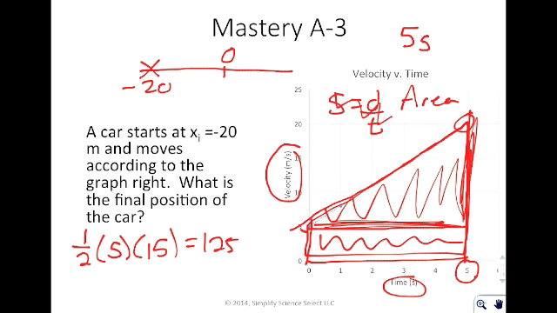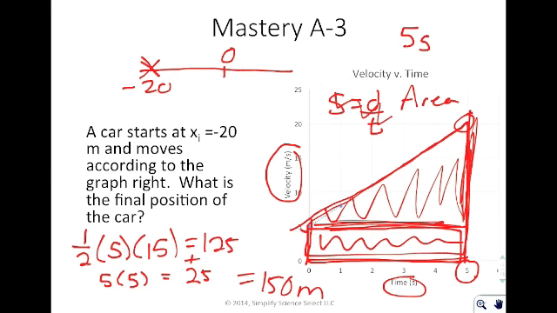And then I also have the area of the rectangle. The rectangle is 5 by 5. So 5 by 5 is 25, which gives me, when you add those two together, the total area is 150 meters. What that represents is how far the car has moved from where it started.